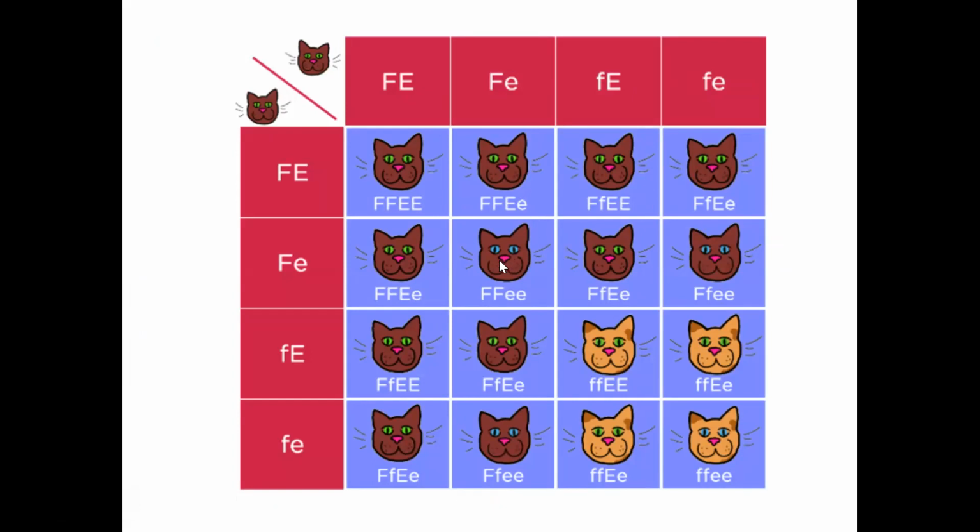So we should see a 9:3:3:1 ratio: 9 brown cats with green eyes, 3 brown cats with blue eyes, 3 light brown or ginger cats with green eyes, and 1 ginger cat with blue eyes.